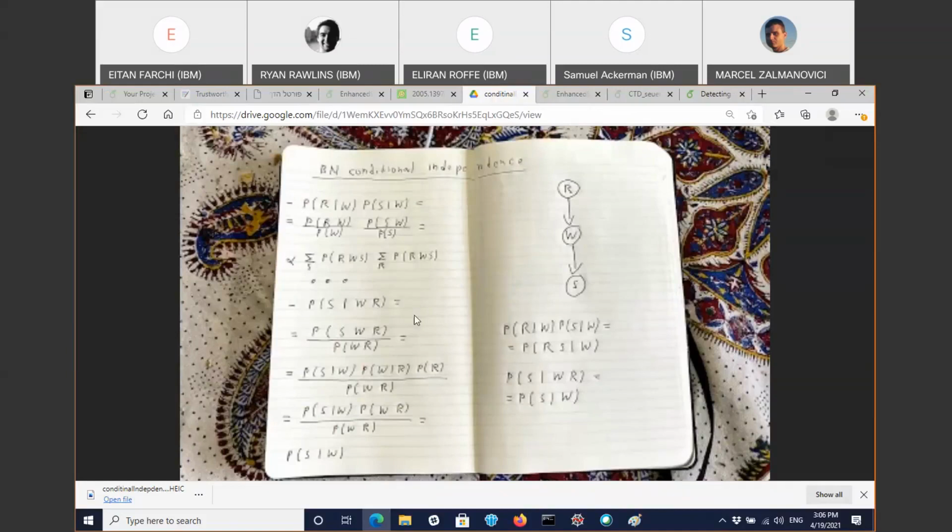So basically, I want to prove that this product here equals, if you look at the definition, the probability of R and S given W. Now, if you start with the first definition, it becomes complicated. So I prefer to work with the second definition.